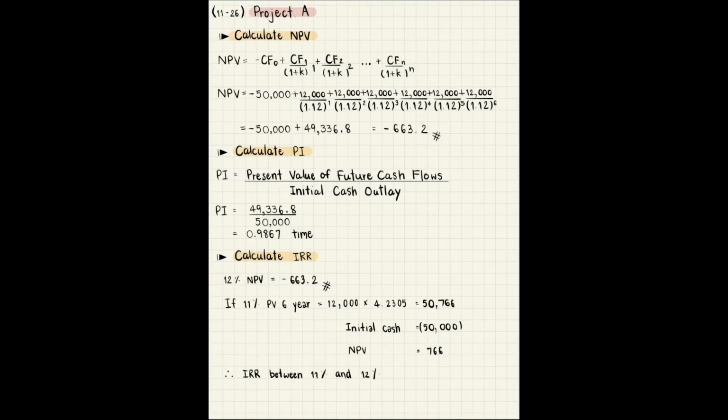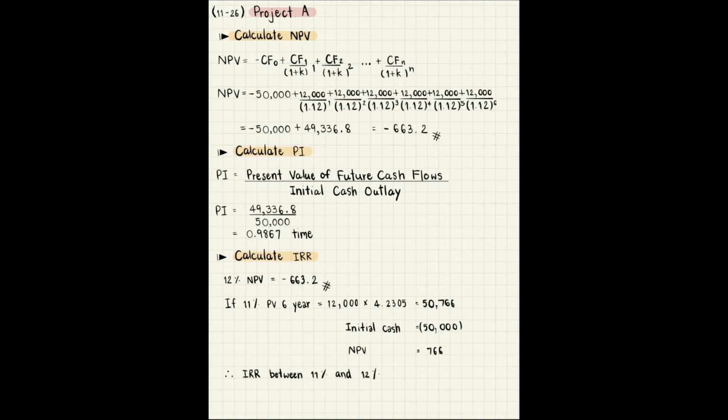For question number 26, we need to calculate the net present value, profitability index, and internal rate of return for each project. So, project A, the formula of NPV for this project until the last year, is equal to 49,336.8. So, the initial cash outlay is minus 50,000 plus 49,336.8.